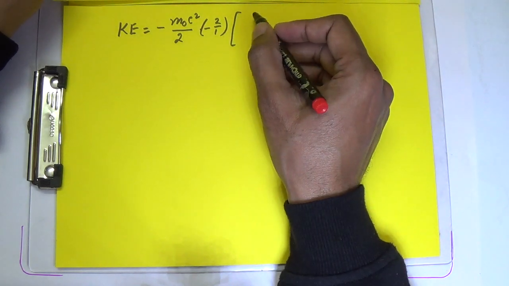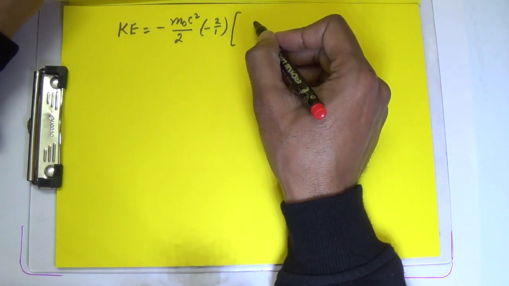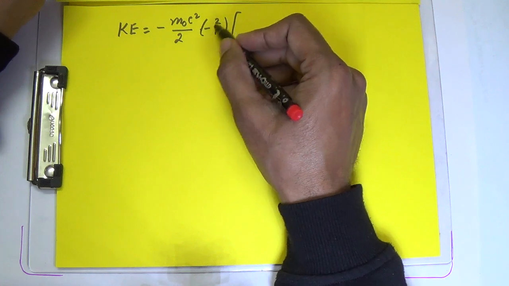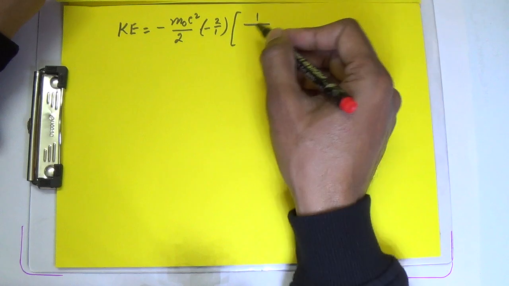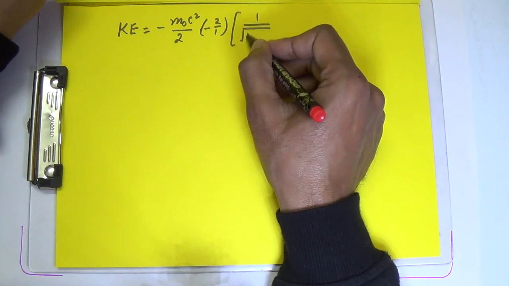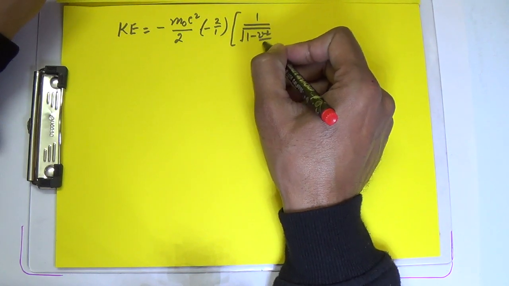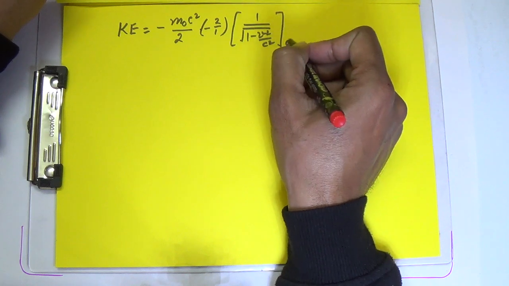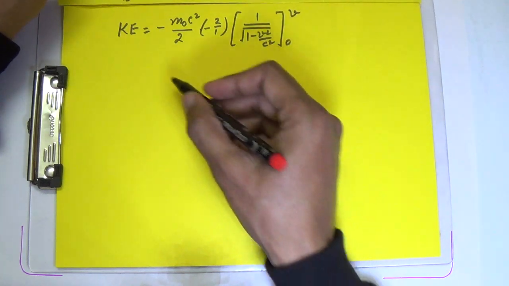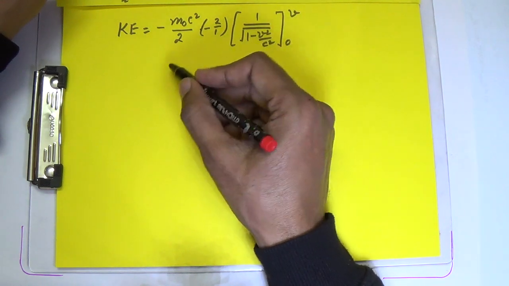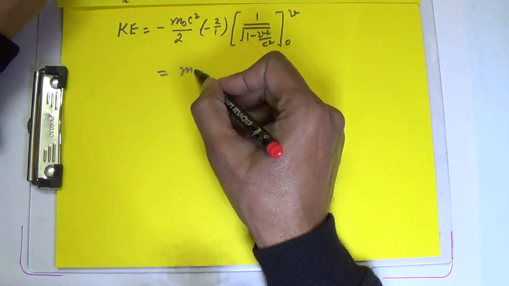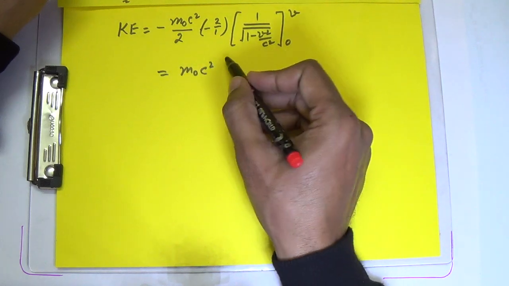This can be written as minus 2 upon 1 comes out, and x to the power minus 1 by 2 is equal to square root of 1 minus v square upon c square, with limit 0 to v. So this minus 2 cancels out, minus minus is plus, so I have m naught c square.